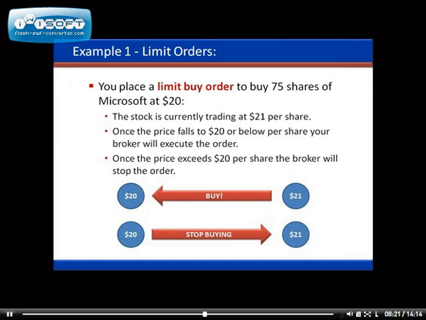Once the price exceeds $20 per share, the broker will stop the order. As you see below, once it gets to $20, it says, okay, we can start buying.